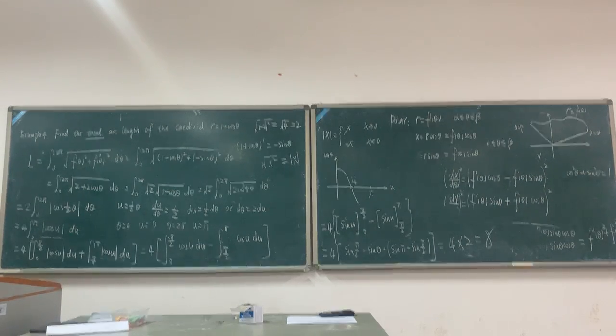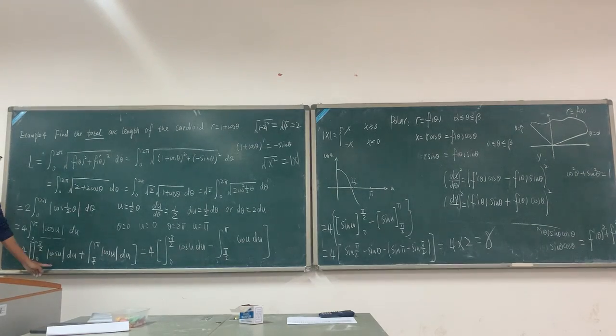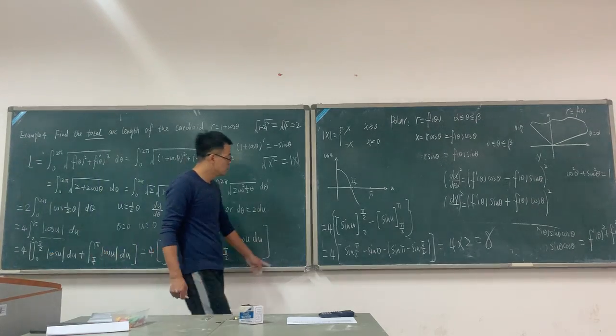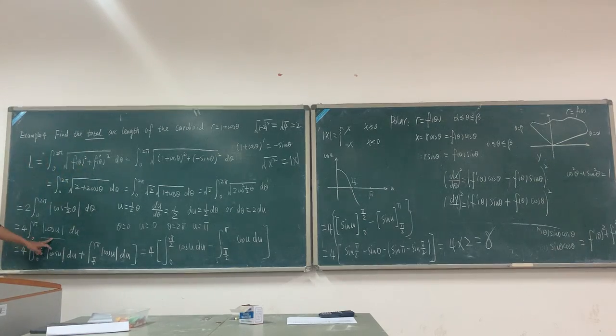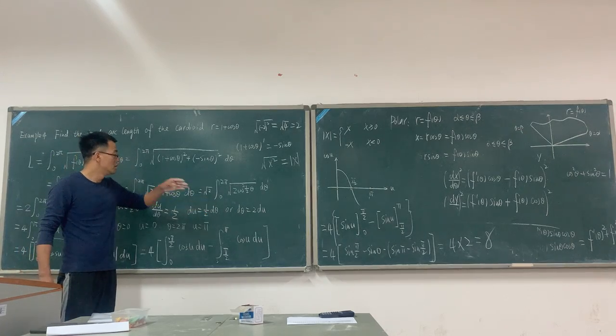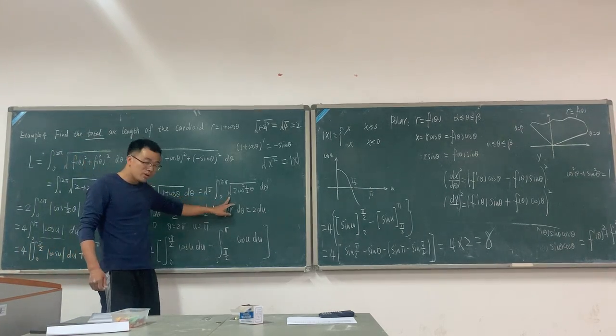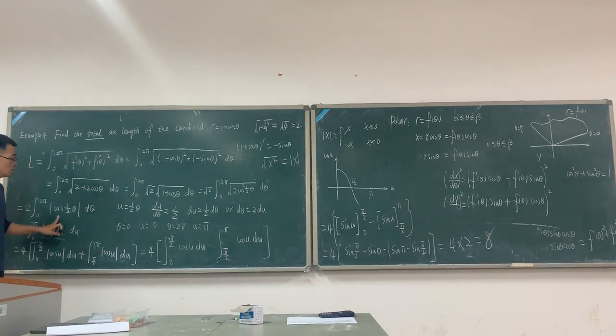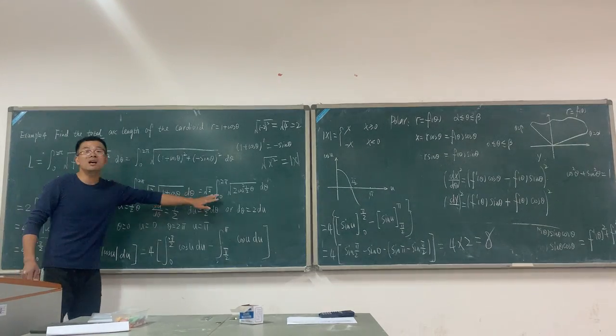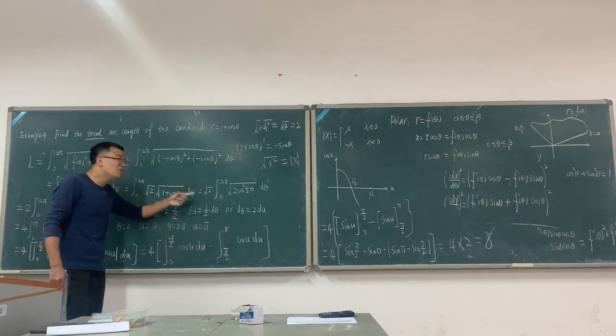Before I didn't understand one thing, from the fourth line, the upper yellow shape, from here to here: 1 plus cosine theta equal to 2 cosine square theta. That one, from here to here.